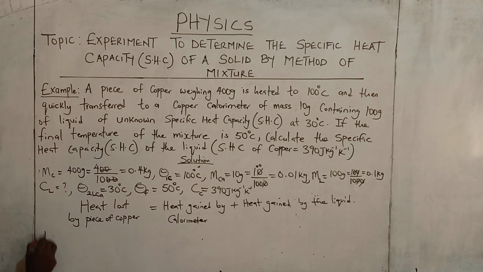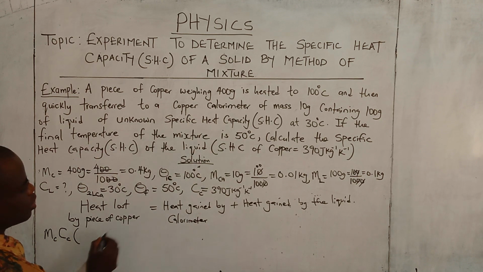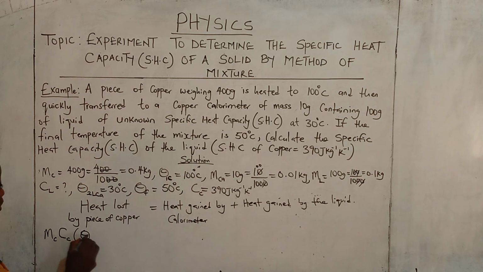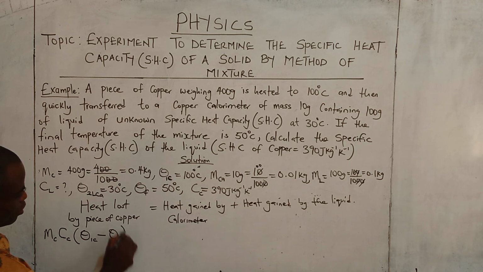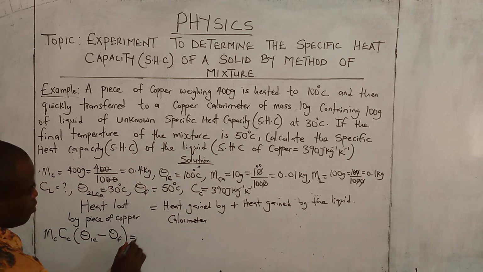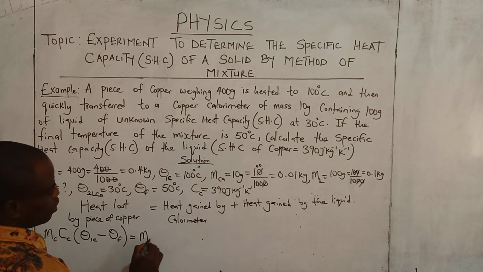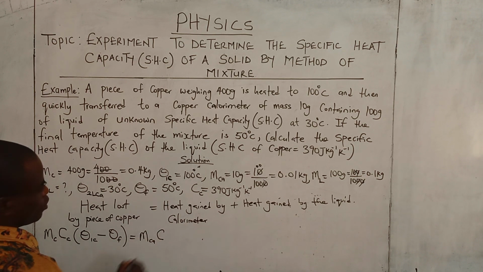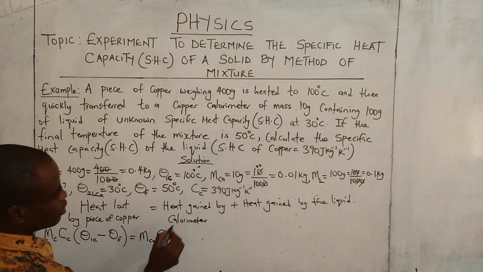Let's now write it: mass of the copper, specific heat capacity of the copper, and temperature change, which is theta 1 minus the final temperature, theta F, equals mass of the calorimeter, specific heat capacity of the calorimeter.